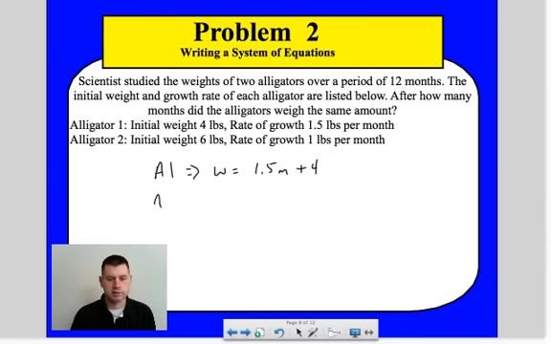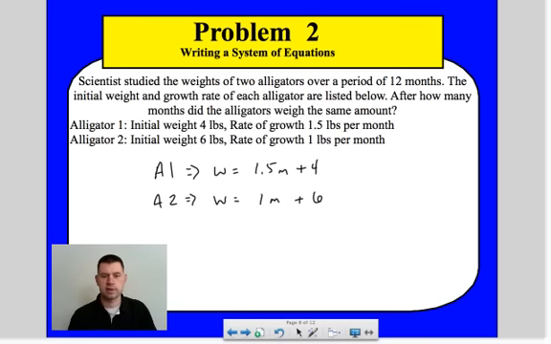The second one, A2, had a growth rate of 1 pound per month plus an initial weight of 6 pounds. So there are our equations.